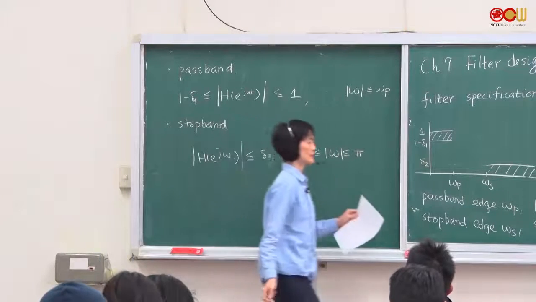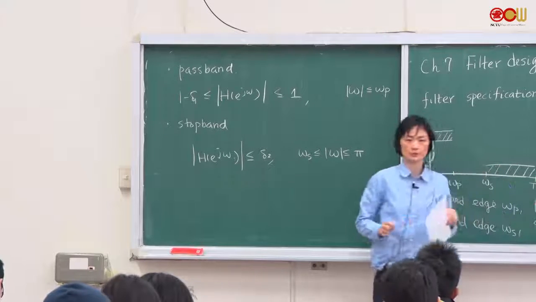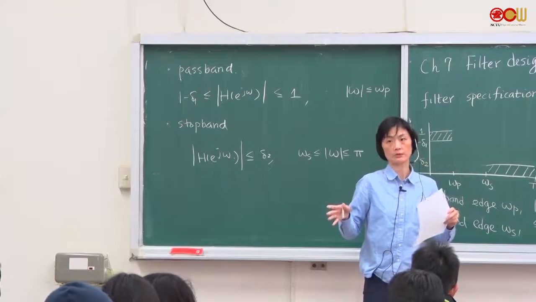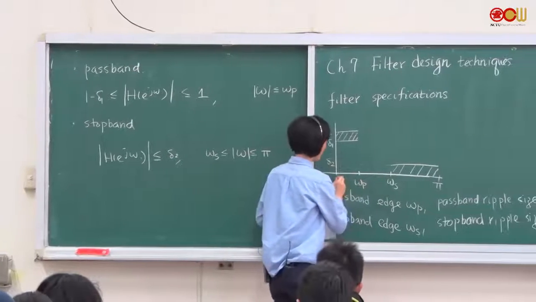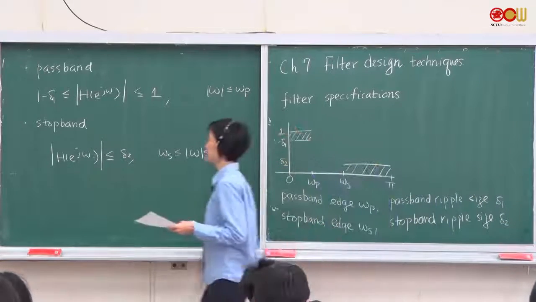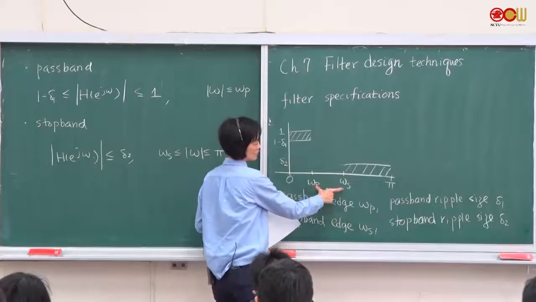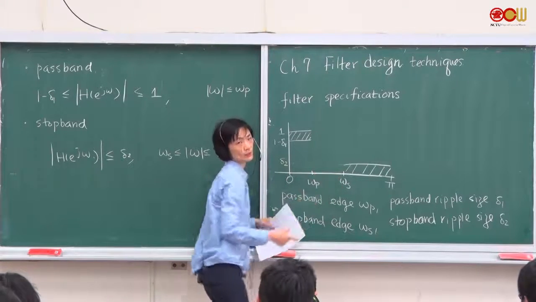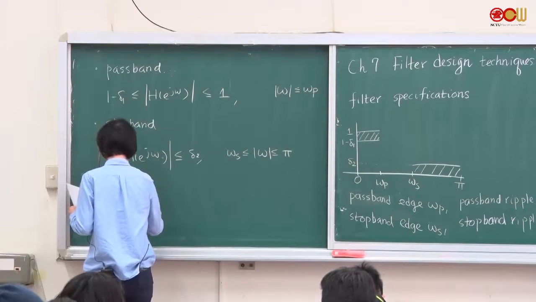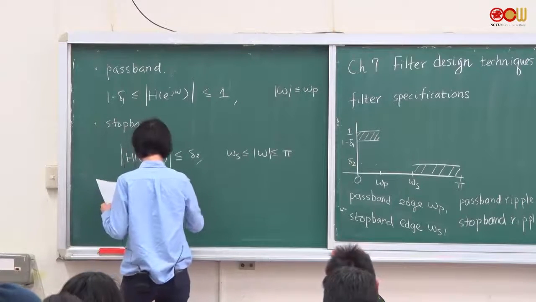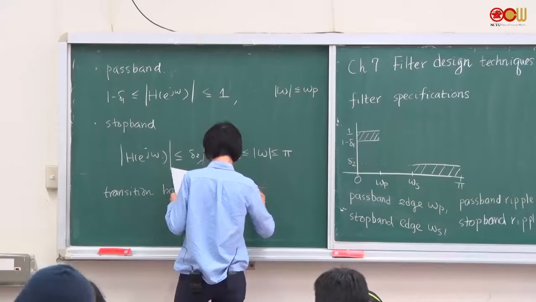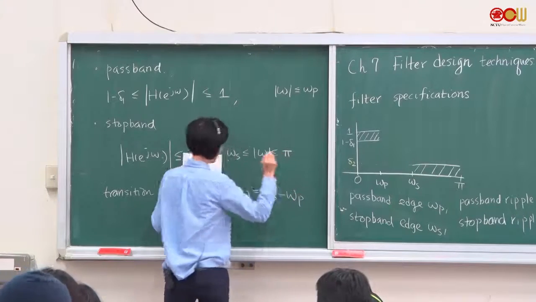When we specify, we only specify from 0 to pi, because usually we are talking about a real coefficient filter, and for a real coefficient filter we only talk about the frequency range between 0 and pi. In between, this is the transition band, omega P to omega S. That is the frequency range we call the transition band. The transition bandwidth is delta omega equal to omega S minus omega P.